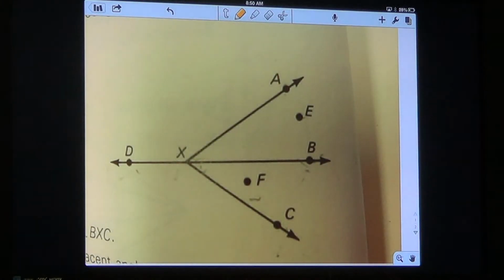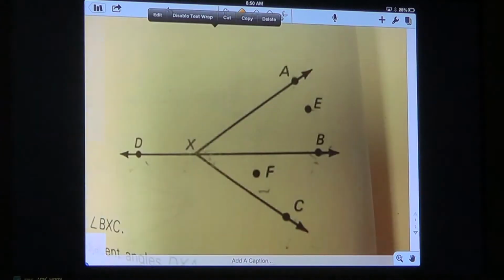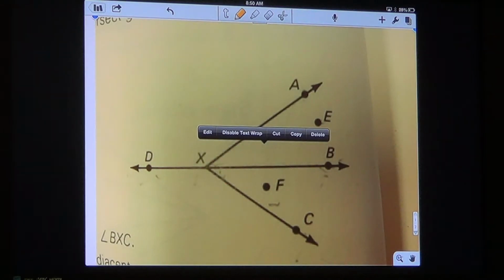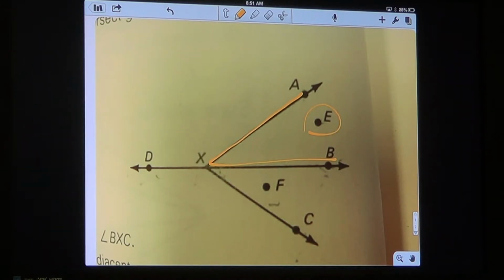E lies in the interior of angle AXB. Is E in the interior? Yes, that's true.